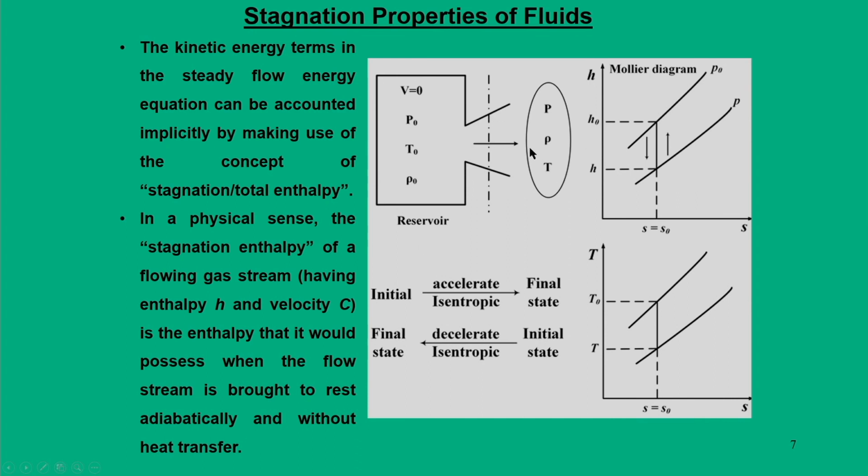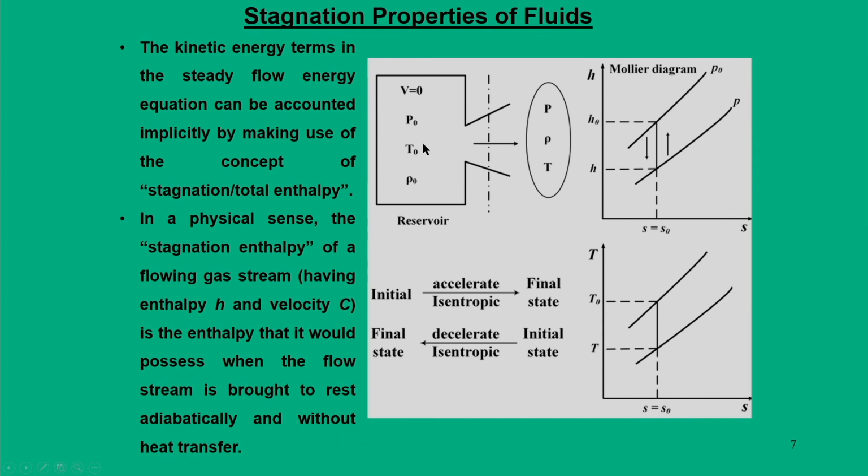For example, if you look at this particular figure, we have a reservoir, it contains total energy, and that energy we express in terms of stagnation temperature, stagnation pressure, and stagnation density.